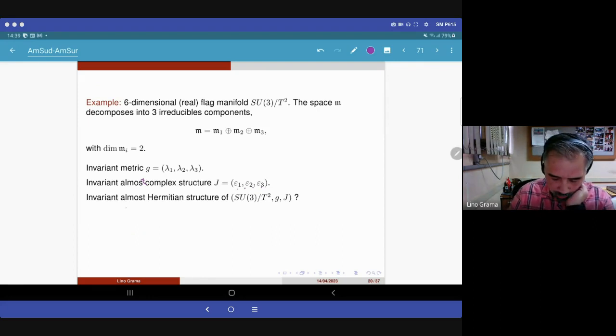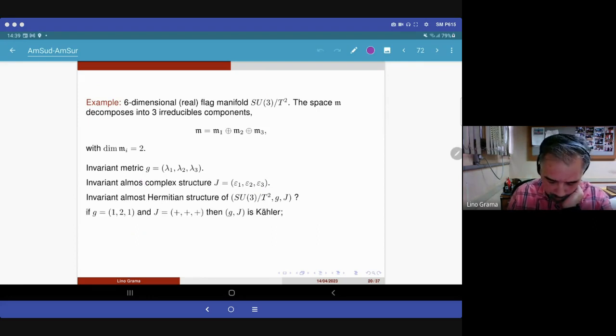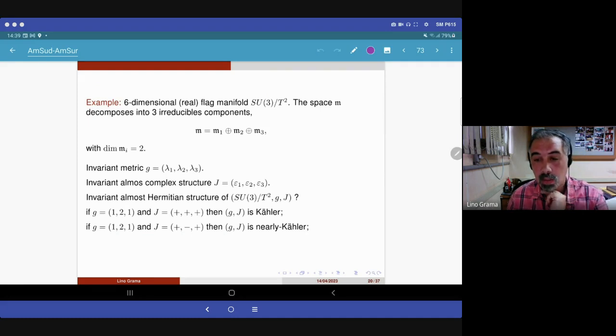And what are the invariant almost Hermitian structures on this space? For instance, if you take the metric (1, 1, 1) and J all plus, we have this pair is scalar. If you have the same metric but you change the sign here, we have this pair is nearly scalar, and so on.